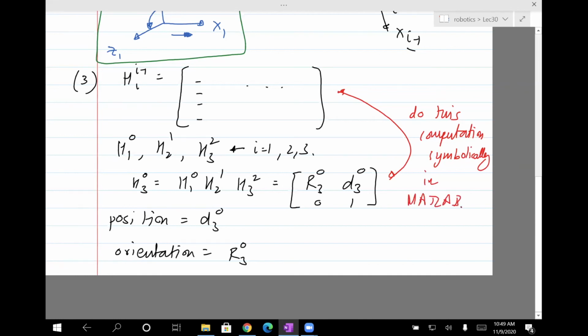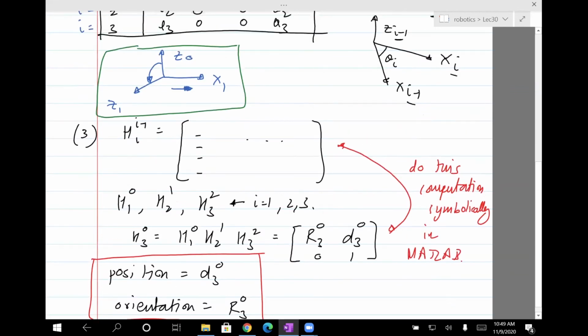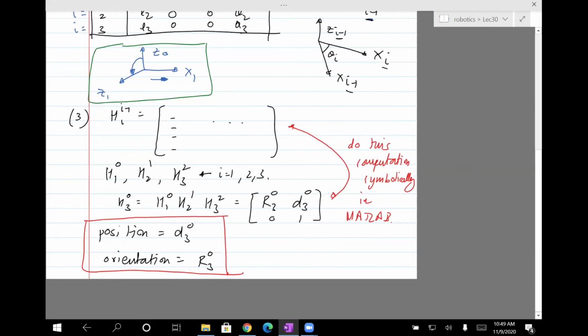Okay, that's how it's to be done. It's much easier to do it that way. Anyways, this is the answer I was after. It comes from taking the multiplication, which in turn comes from the DH table. And so this is how you can do the DH table faster than doing it one at a time, but it's up to you how you want to do this. Okay, so I'm out of time.